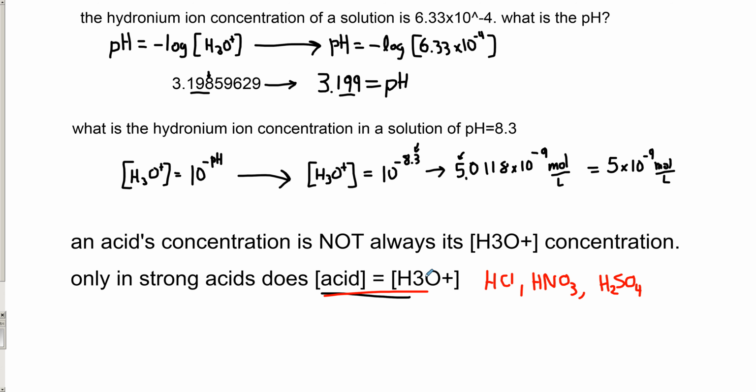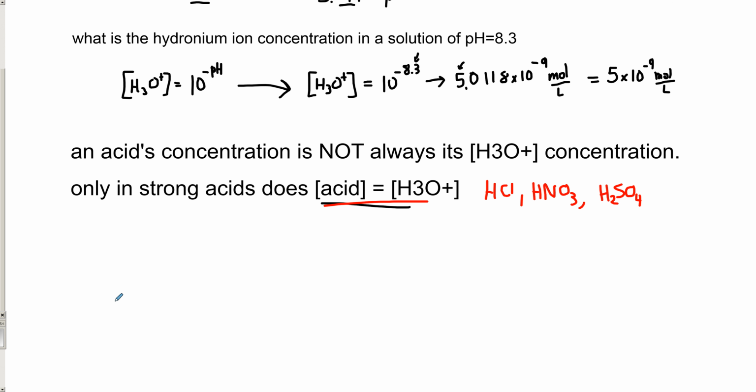So let's talk about pOH. Now pOH is the exact same idea as pH, except instead of us caring about the H plus amount in a solution, we care about the OH concentration of the solution.